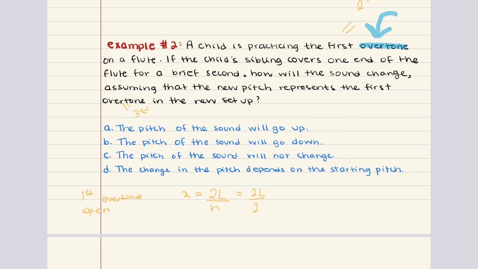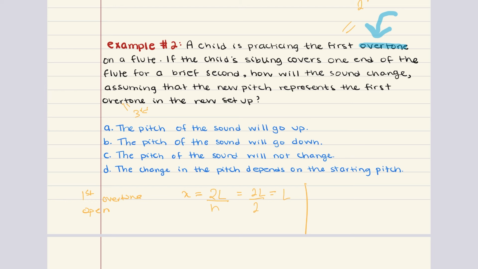And you have 2L divided by 2, that is equal to L. So the wavelength is equal to L for the second harmonic, aka the first overtone in an open pipe. Okay, keep that in mind. Now, when one end of the flute is briefly covered, then the configuration changes. It changes from an open pipe to a closed pipe where you have one end that's closed off.